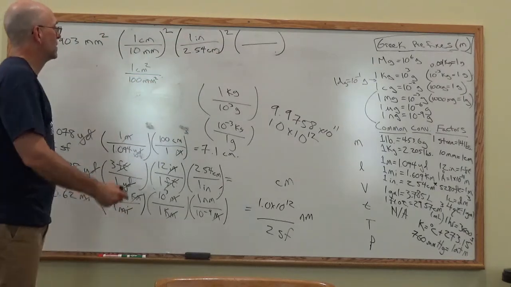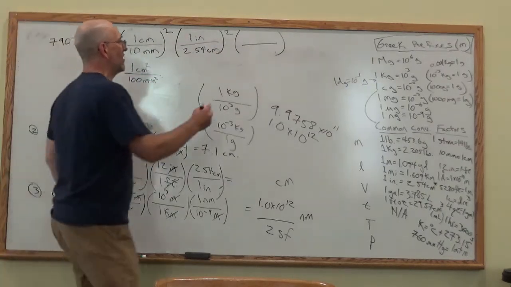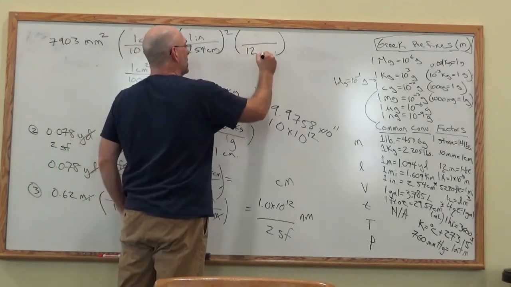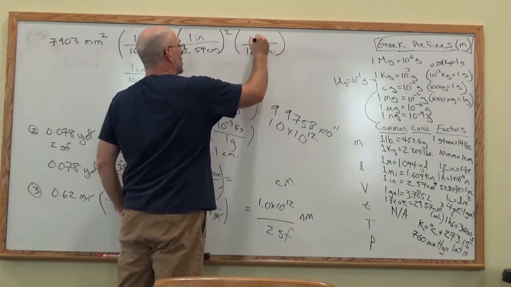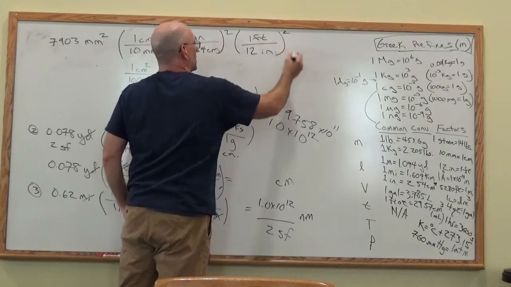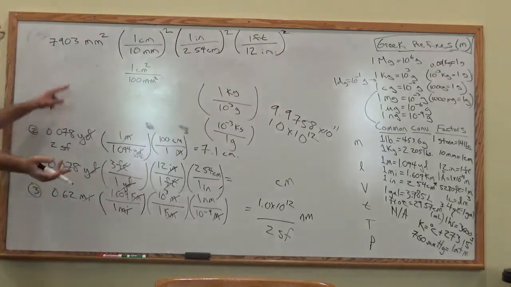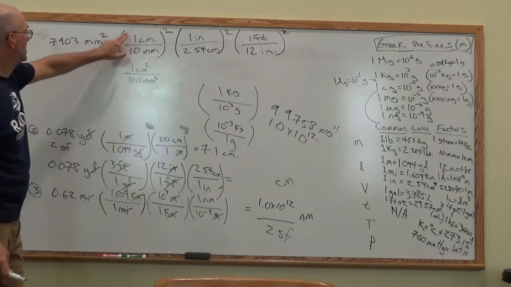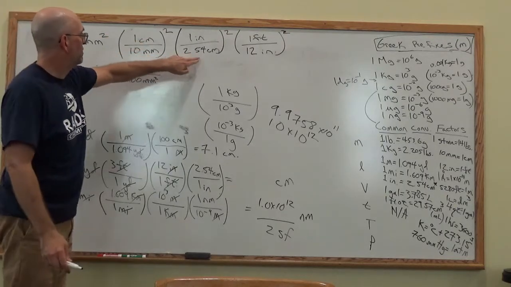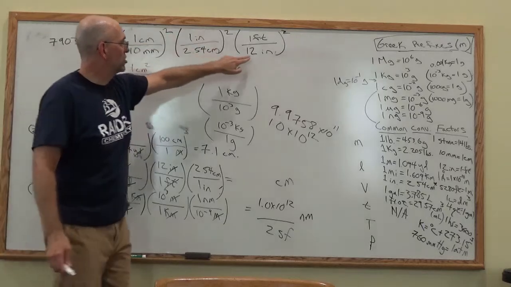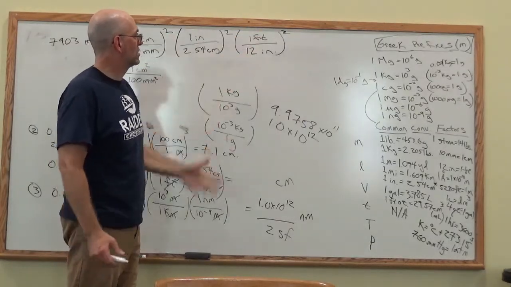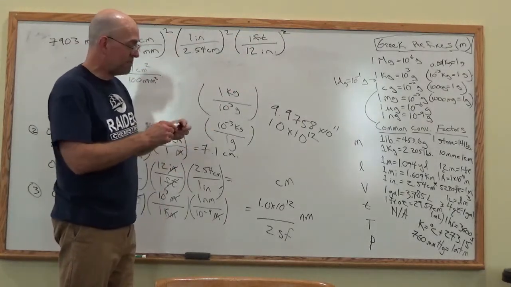And then we know that there are 12 inches in every foot. So we're going to have to square the 12, which is 144. So 10 millimeters is a centimeter squared, 2.54 centimeters in an inch squared, 12 inches in a foot squared. Okay, so that math should be right.